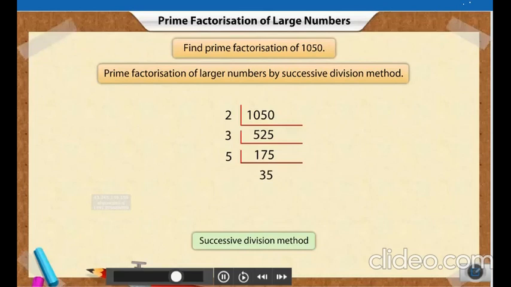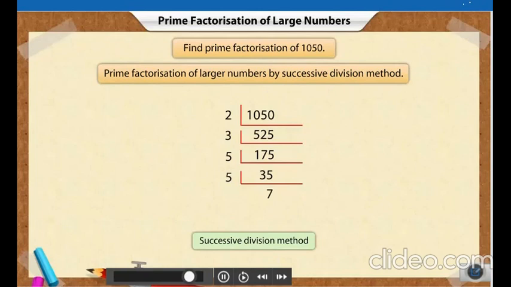Similarly, find a prime number that divides the new quotient 35. By using the divisibility rule of 5, you can see that 35 is divisible by the prime number 5. On dividing 35 by 5, we get 7.